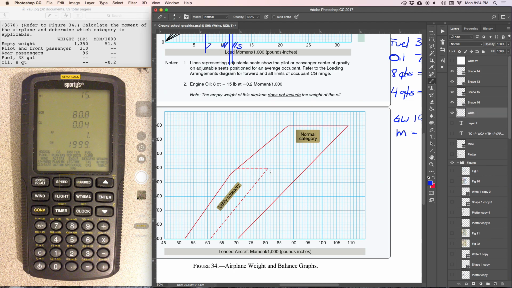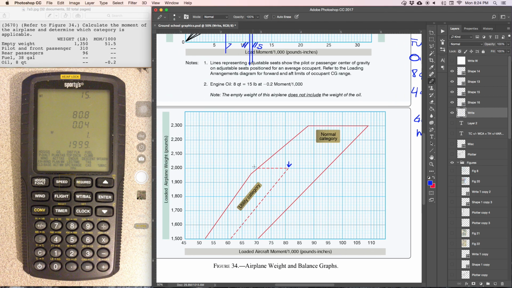If we can somewhat assume that this red line tip goes all the way to 81, and that the line going straight across goes all the way out to 2,000 pounds, well, we know we are below 2,000, so we are below this red line. And if this goes all the way to 81, we know we are just inside of 81. So based on this chart and where it appears these lines extend, we would be just inside of the utility category.